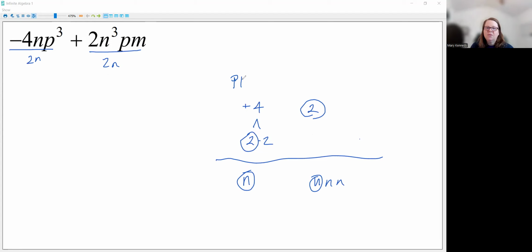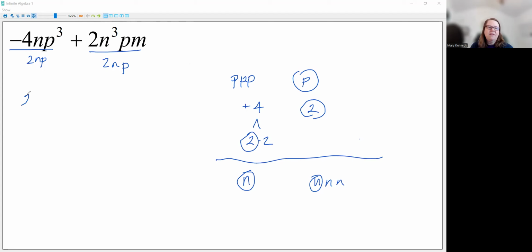So 1, 2, 3, and then just 1. They have 1 in common. So we can take out that variable as well. And then the second term over here has an m, but the first one doesn't. So they don't have that in common. That's just an extra thing that the other one has. So there's nothing to take out or to factor out of that.